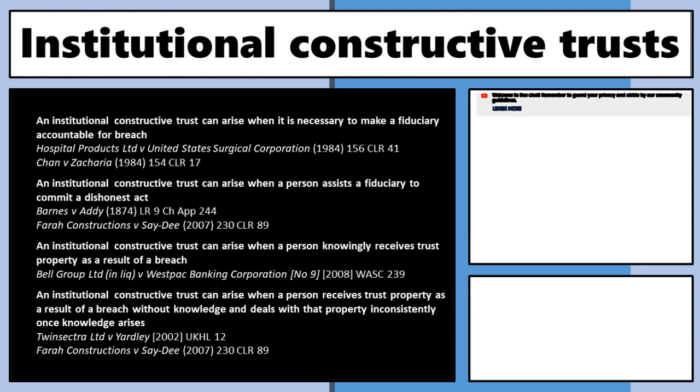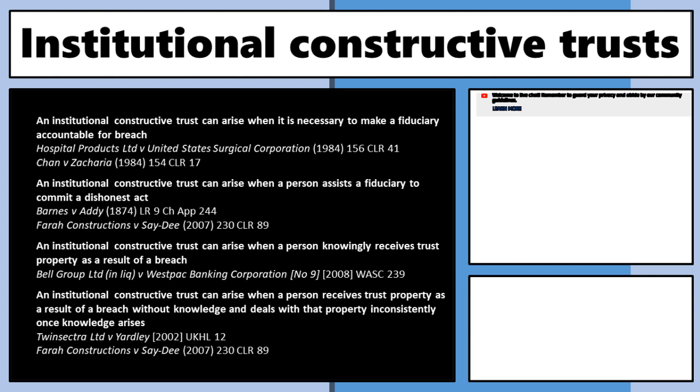Or rather, they're talked about in the same cases in the same section of your texts. But the first one is hopefully the most recognizable to you guys. Do you recognize those 2 cases? You probably should do. Because the Hospital Products case is the case where the High Court went and mapped out the rules for a fact-based fiduciary relationship.